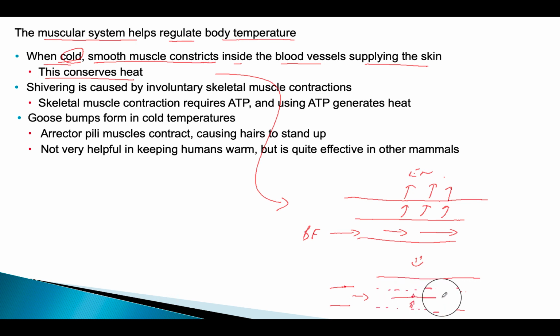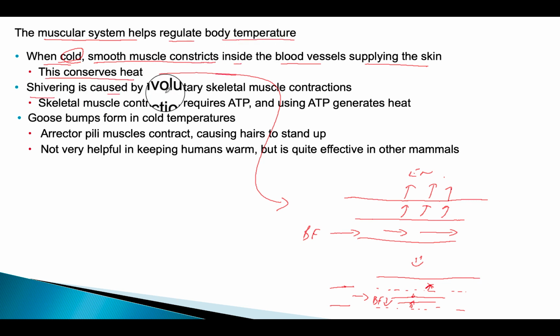This is now your constricted vessel. The blood flow at the same time is going to be decreased. Now the heat, rather than being lost, you are conserving the heat. So that's how the muscular system is going to regulate the body temperature.